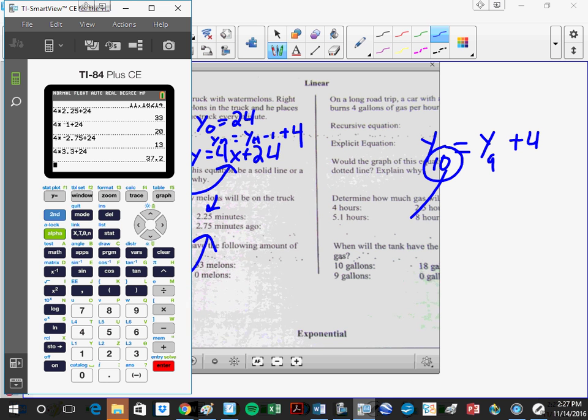Yeah, just doesn't make sense. Another problem is, eventually, if you go far enough back in time, there were negative watermelons on the truck. That's a problem. So even the explicit formula can run into issues, domain issues, decimal issues. So there are all sorts of problems that you have to deal with.